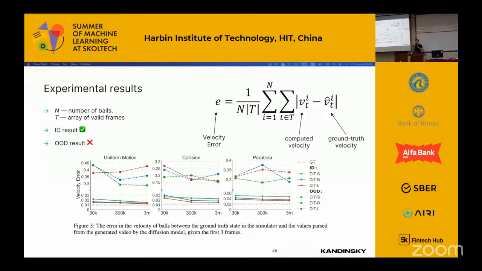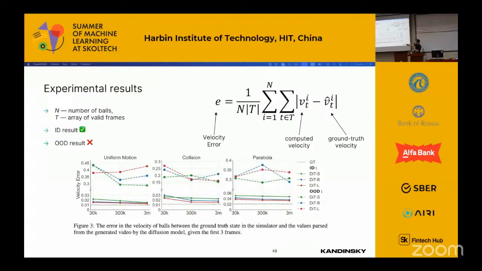So you measure the error on velocities. Understand? And this is not loss. This is error. The loss is MSE because of the diffusion, just usual diffusion. This is a metric of quality, or it's error here, not the metric.